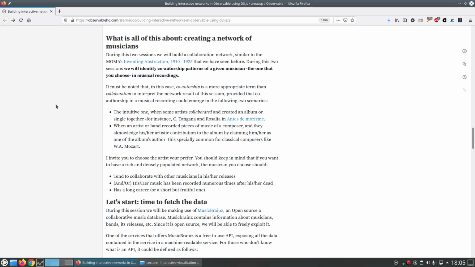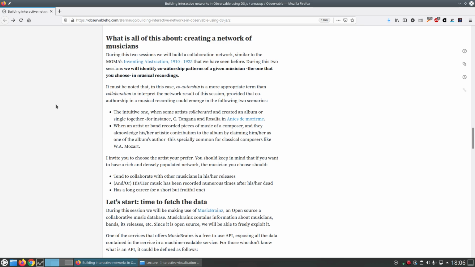But there is another way to understand co-authorship, and it means that, for instance, an artist created some song, and then a band recorded pieces of the music of this composer, and they acknowledge this composer by including his name on the album. This is really common, for instance, if we work with a classical composer, like Mozart.